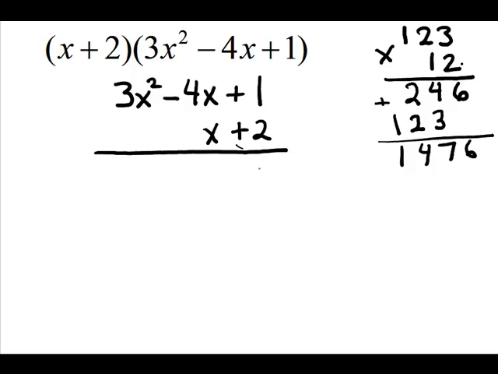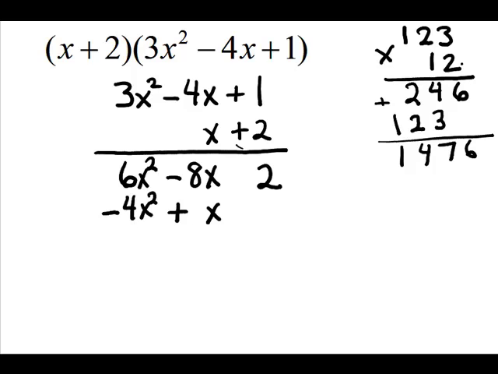So 2 times 1 is 2. 2 times a negative 4x will be negative 8x. 2 times 3x squared will be 6x squared. And then we'll switch. We're going to take x times 1. When we write it down, it needs to go in the x column. X times negative 4x will be negative 4x squared. And x times 3x squared, we need a new column, will give us 3x cubed.